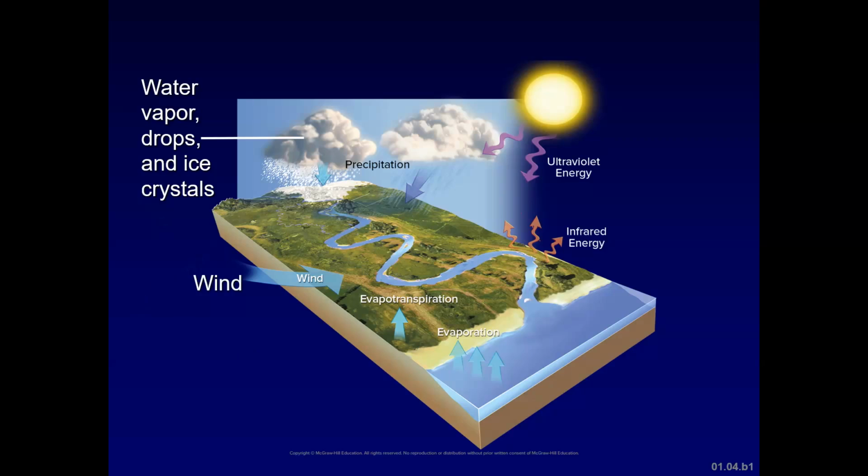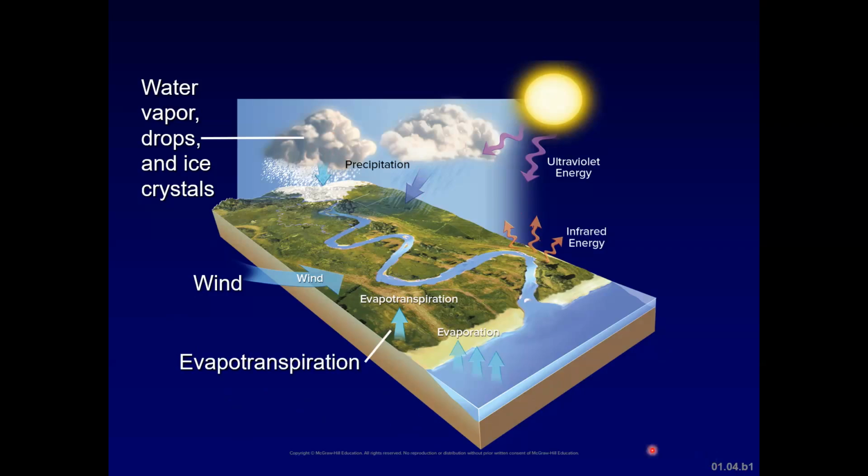We have wind, which moves water vapor around. We have clouds that are composed of small water droplets or ice crystals. We have evapotranspiration from plants. They take up moisture and they release water vapor into the atmosphere.